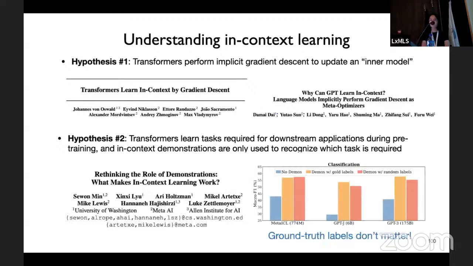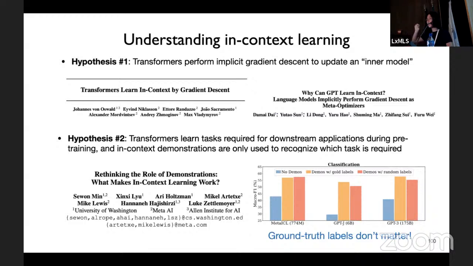And there is a very famous paper from Sewon Min at the University of Washington. The title is Rethinking the Role of Demonstrations: What Makes In-Context Learning Work. And they did a very smart experiment. They take the input and output pairs as demonstration examples in context, but they shuffle the output labels of these pairs.